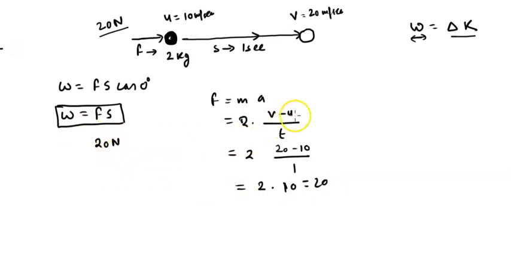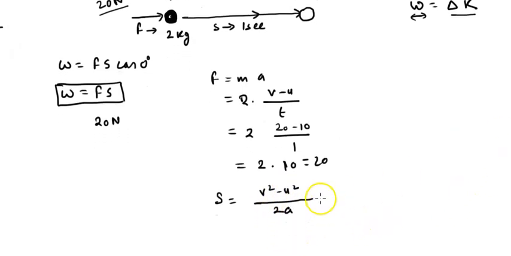And what will be the displacement? We can also find that out. The velocity is changing from 10 to 20, and we have the formula for displacement: v square minus u square upon 2a. From here we got a, which was 10. So we put the values: 20 square minus 10 square upon 2 into 10.